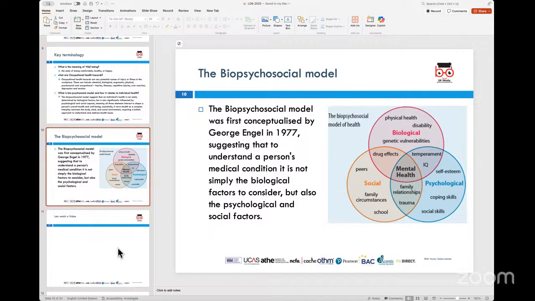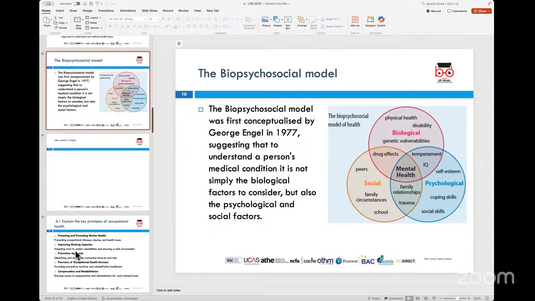In such cases, this model comes in handy because it helps us determine very clearly the three factors and segregate them: why this injury would have occurred, or what the long-term effects of this particular hazard are. We then look at what effect it is having biologically, which is the body, physically, in terms of any physical manifestations you are able to see, and how it would affect the individual within a social environment.